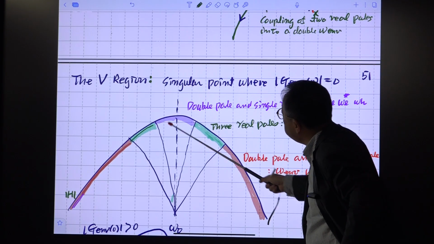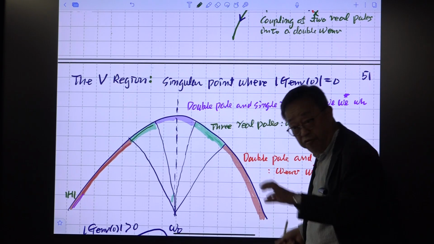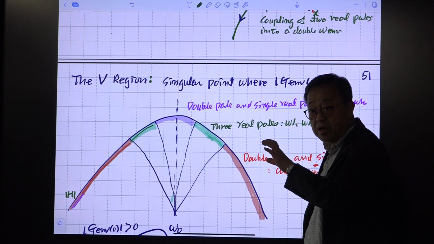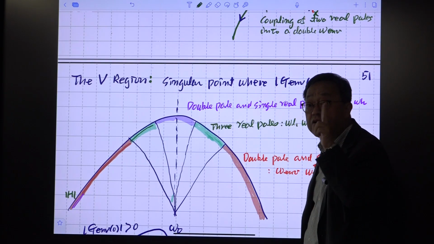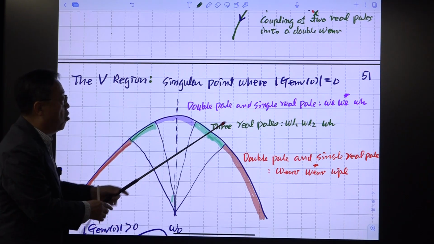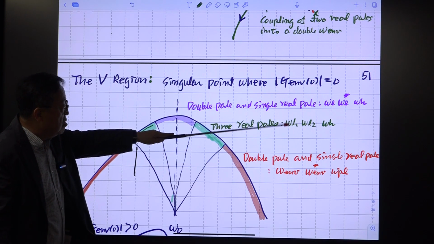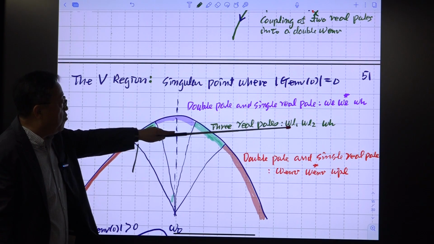Here you have one low frequency double pole and one high frequency single pole. You have 3 poles here, omega L1, omega L2, omega H. I'll explain what they are.